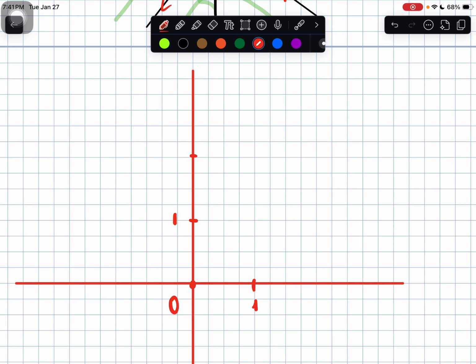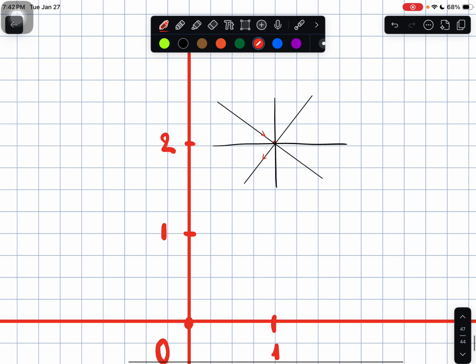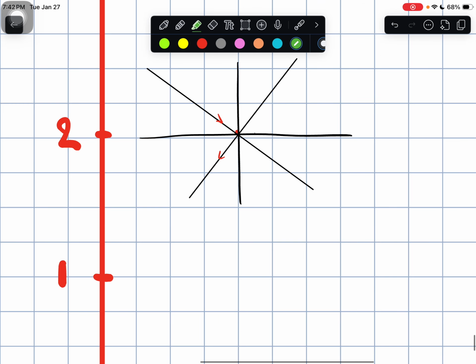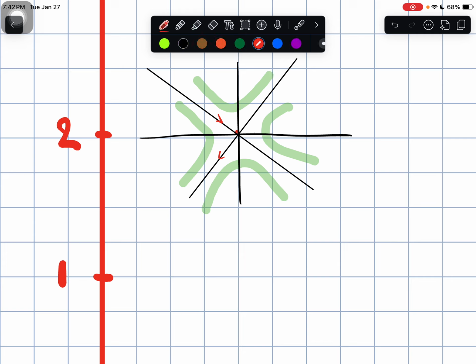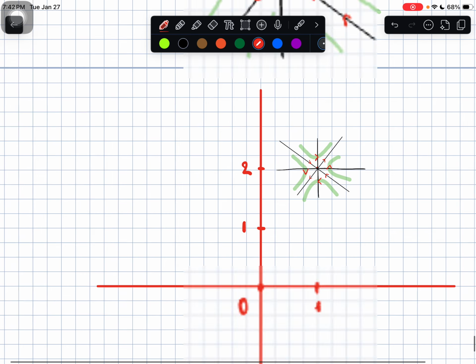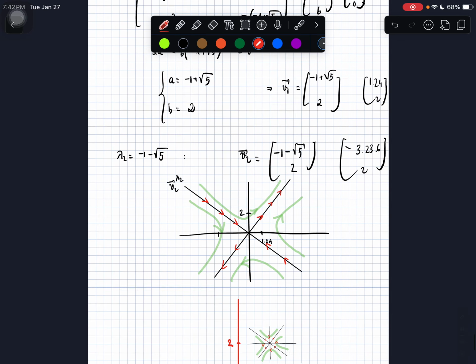So (1, 2), this one. It looks like this, and the other one is (0, 0).